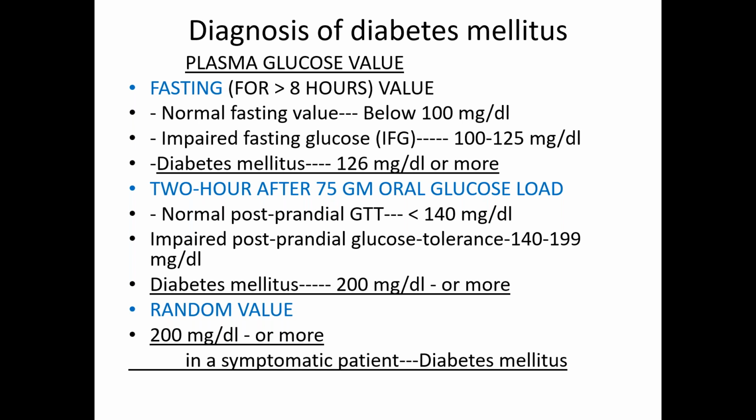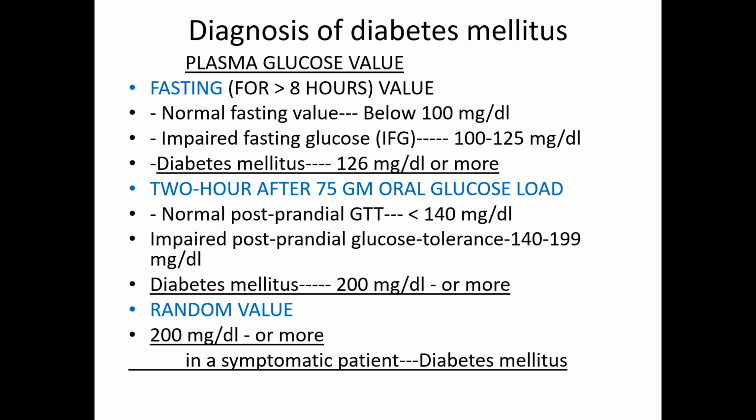So you should know what the normal levels are, what the levels are in impaired glucose tolerance, and what the levels are which confirm the diagnosis of diabetes mellitus. You should know the fasting value, with overnight fasting for at least 8 hours.